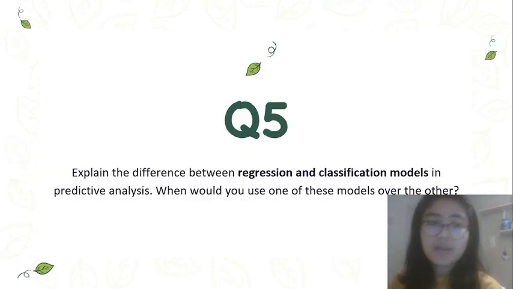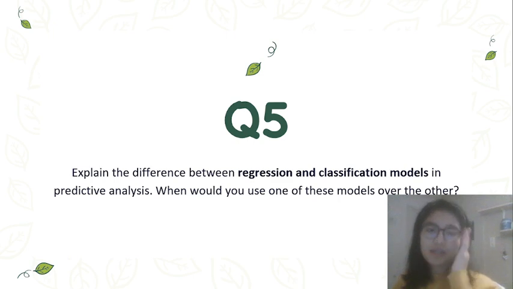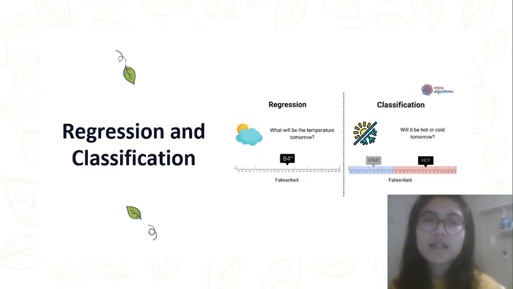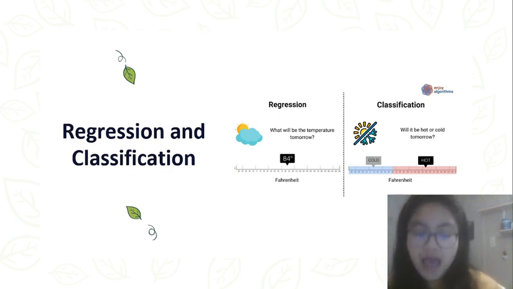And also the last question is the fifth question. The difference between regression and classification models, and when would you use one of these models over the other. And I think, as you can see in this picture, this also describes why they are different from each other. For me, the main difference is that the regression model predicts a continuous numeric value.